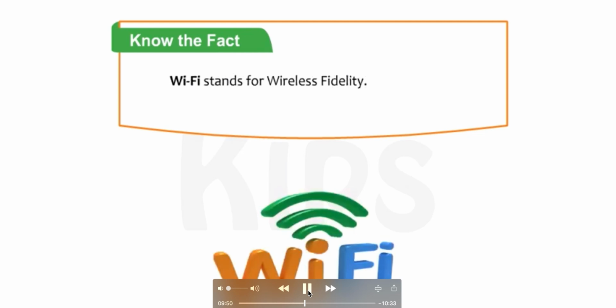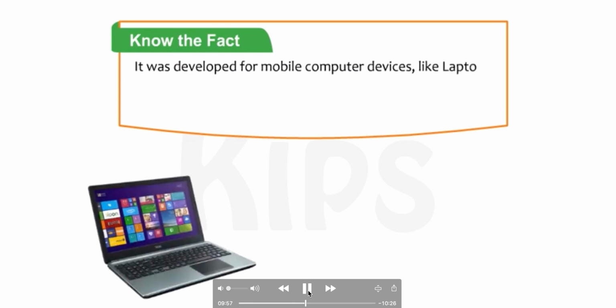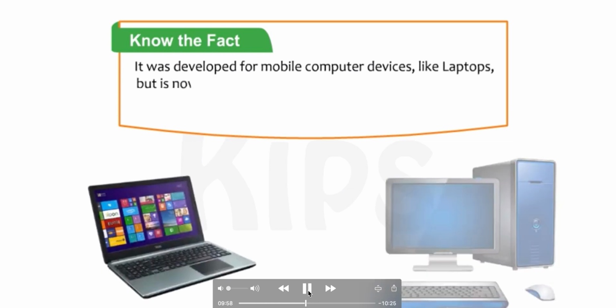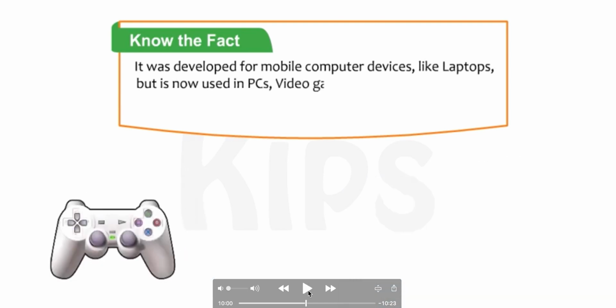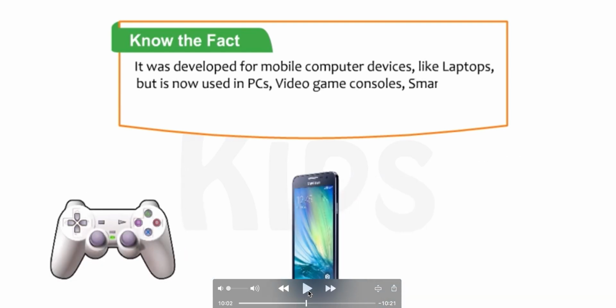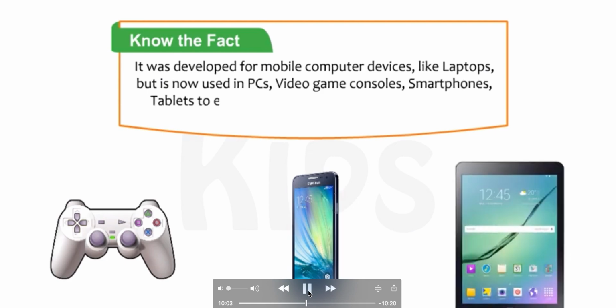Wi-Fi stands for wireless fidelity. It represents a wireless local area network. It was developed for mobile computer devices like laptops, but is now used in PCs, video game consoles, smartphones and tablets to exchange data wirelessly over a computer network.